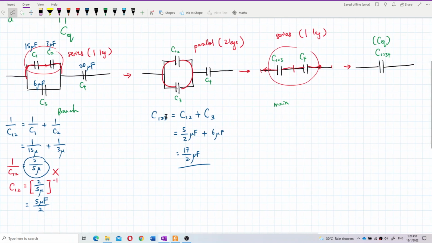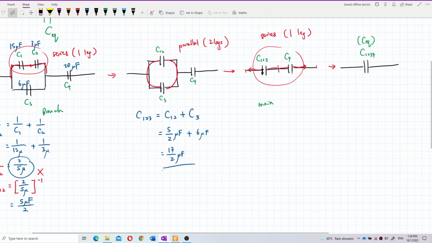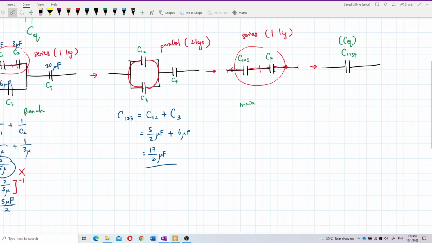Now after combining, I have C123, and C123 is in series with C4.